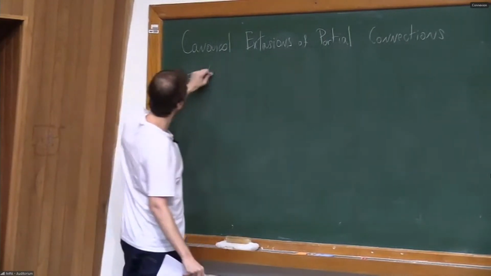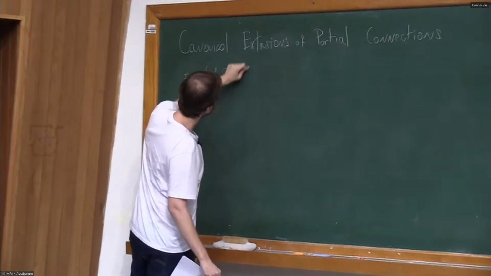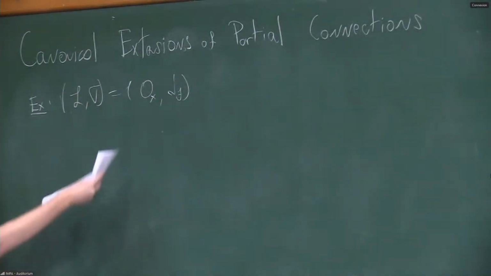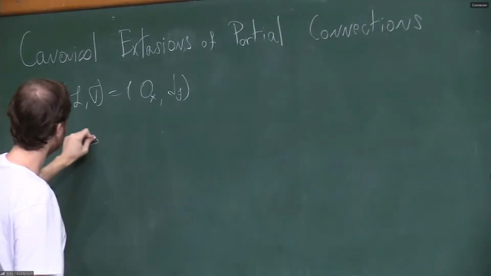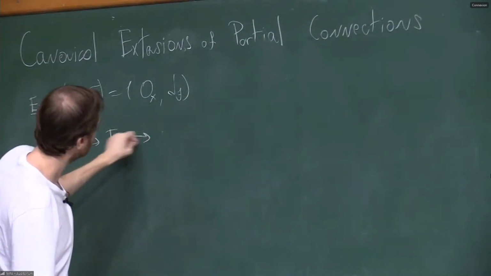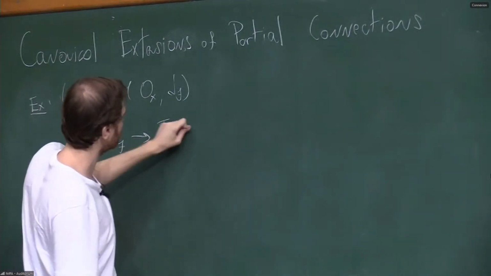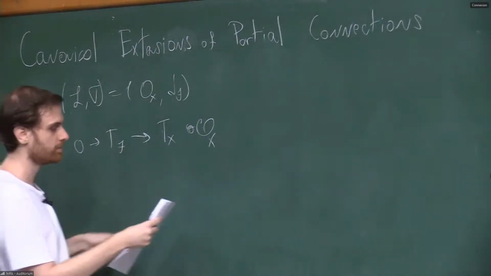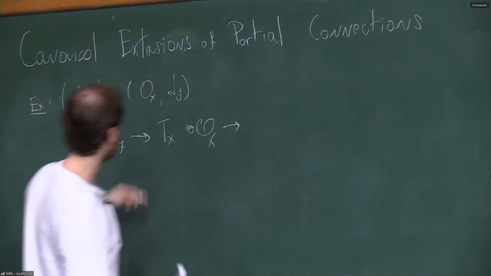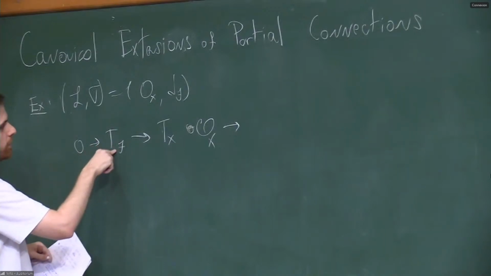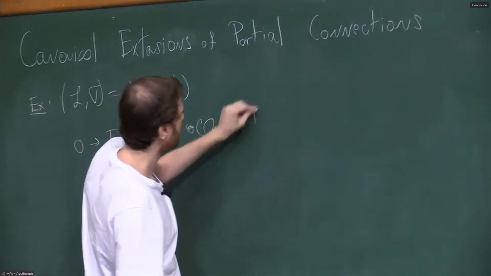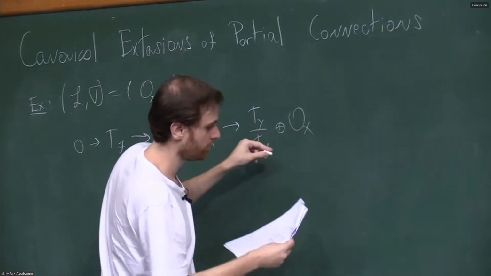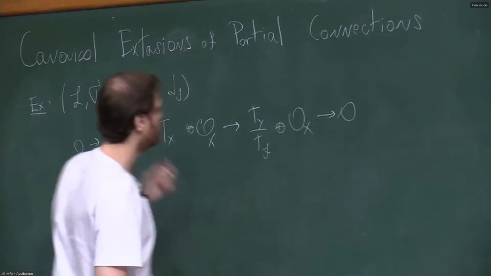Example, if one starts with the derivation on the sheaf of functions, what we get, we are just taking T_F inside T_X. Okay, in this case, differential operators is T_X plus O_X. And here we are just inputting the vector inside T_X. And the quotient is like this.